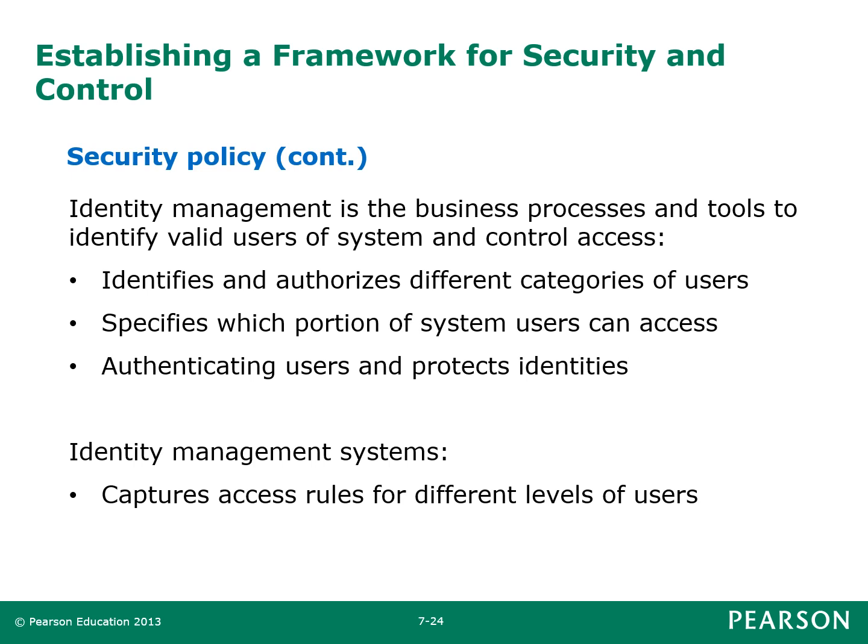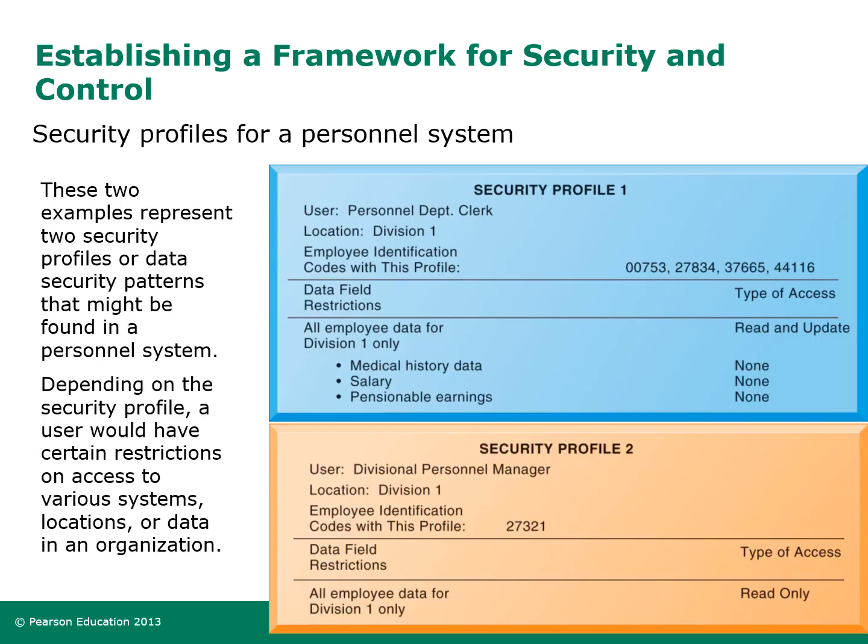Note that a user could have different roles in an organization, and so different profiles are assigned to them. One as system administrator, and the other, for example, has a role as sales manager. As you can see here, there are two profiles of the personnel department, one as clerk and the other one as manager.